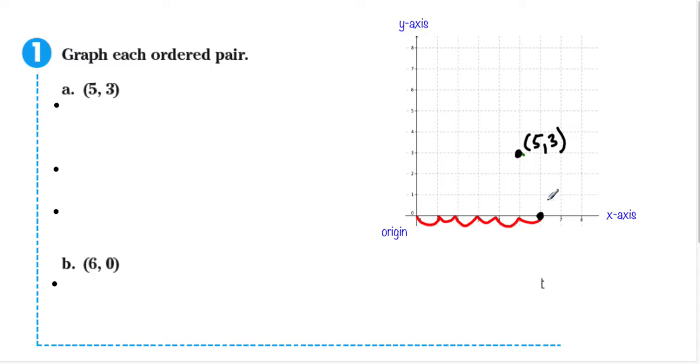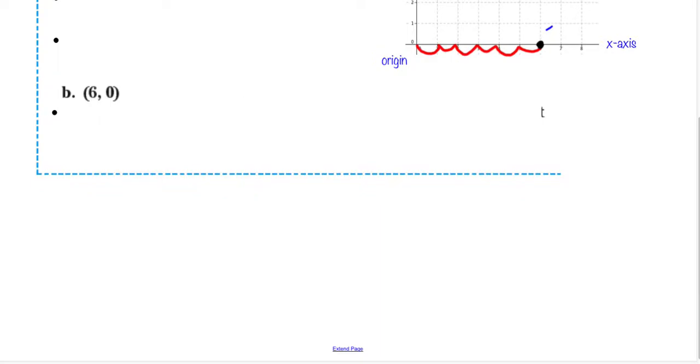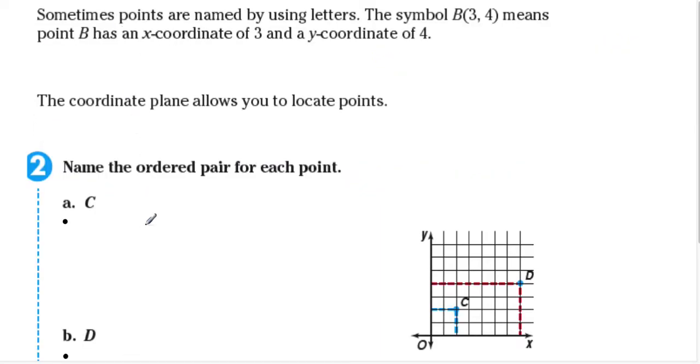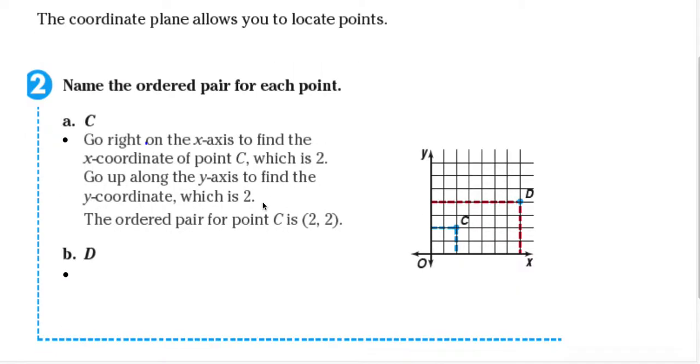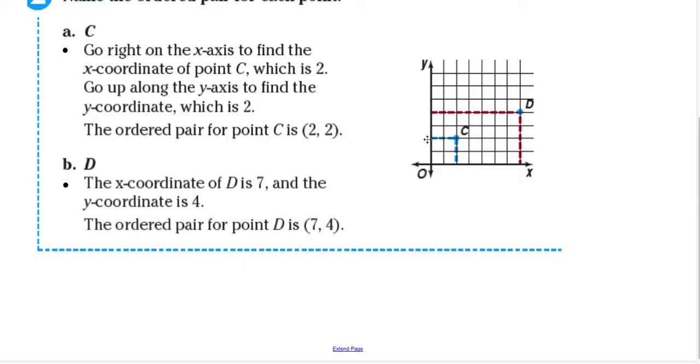Okay, so the ordered pair of point D would be 7, 4.